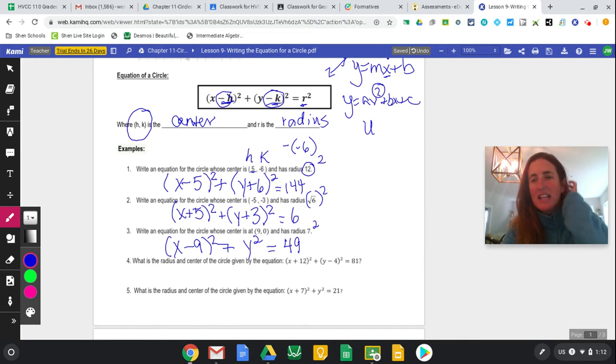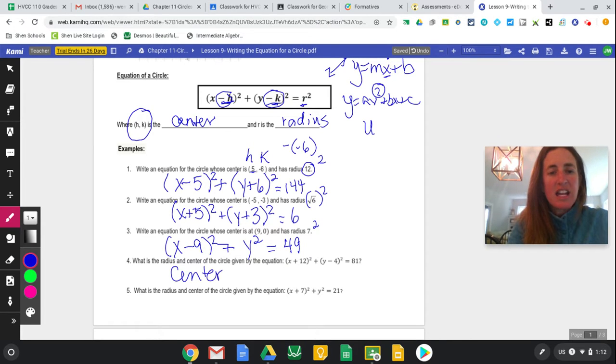Let's try working backwards. Given the actual equation, let's work backwards to get the center and the radius. Now you've got to remember, with the center, the signs are switched. So if it's positive 12 and negative 4 in the formula, when it comes out, it's negative 12 and positive 4. And remember, to find the radius, you take the square root this time instead of squaring because it's the opposite operation.